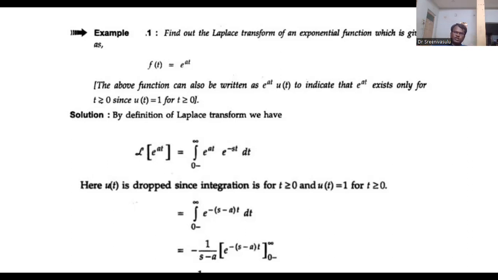If we take the exponential term, minus is common, so s minus a into t. So the integral from 0 to infinity of e power minus of s minus a into t dt.